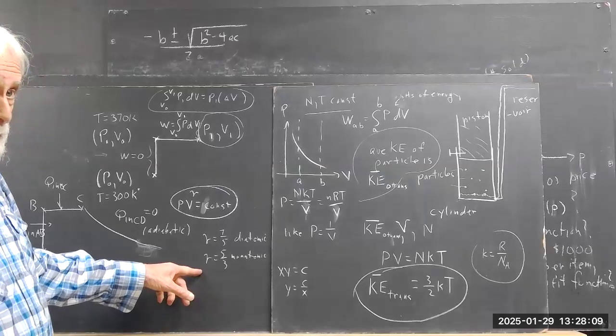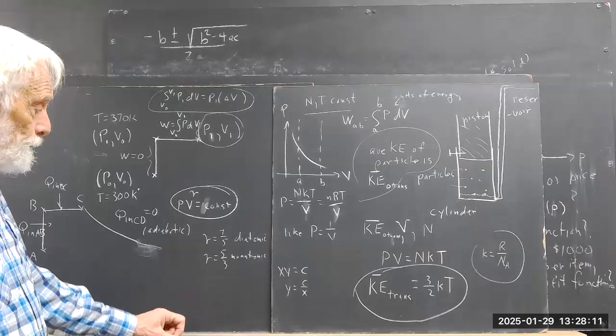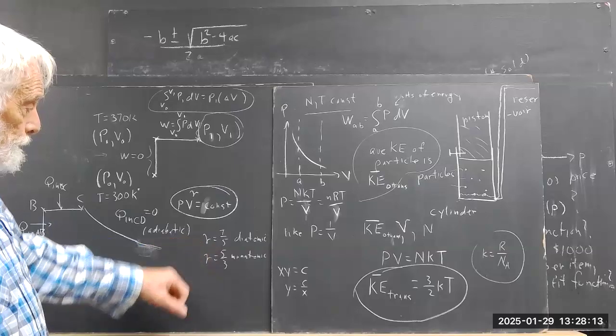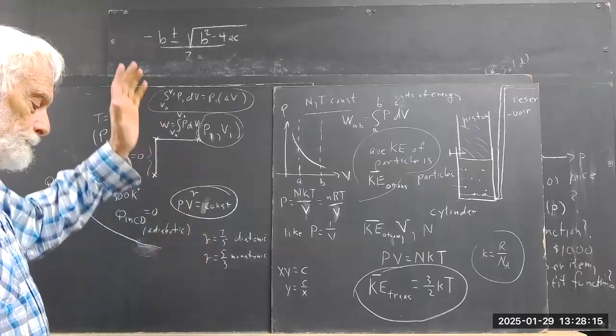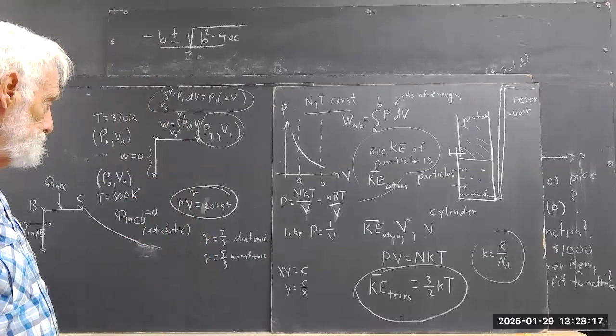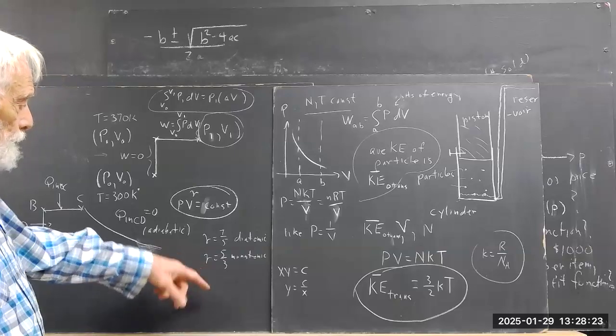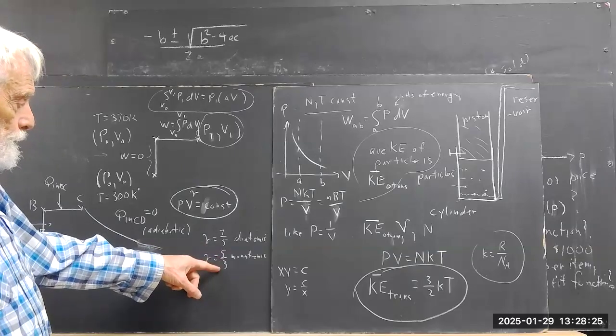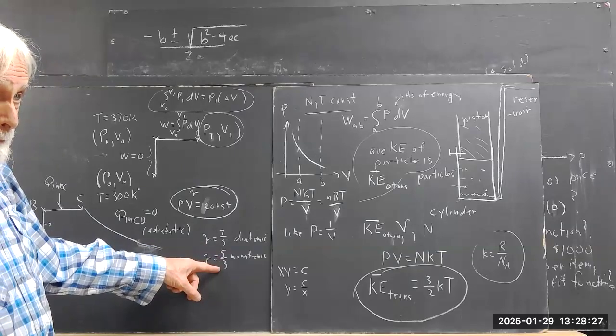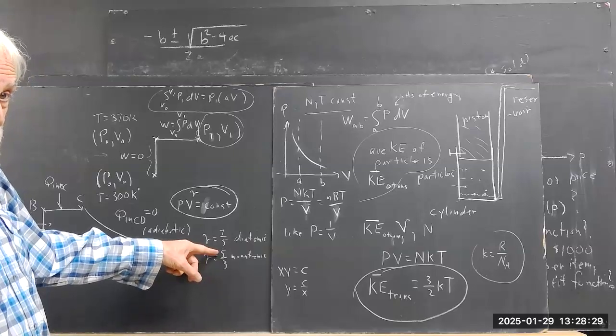For a monatomic gas, this is just the ratio of the heat you got to put in. Wait a minute, let me say it right. Yeah, this is a ratio of the heat you got to put in to the change in kinetic energy. You got to put heat in to raise the kinetic energy.